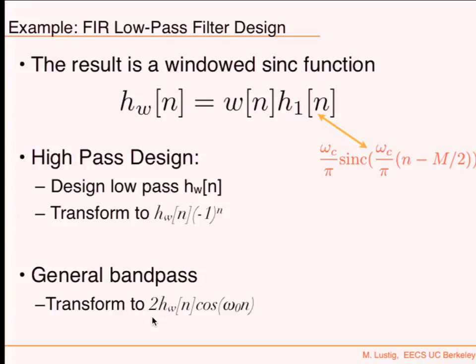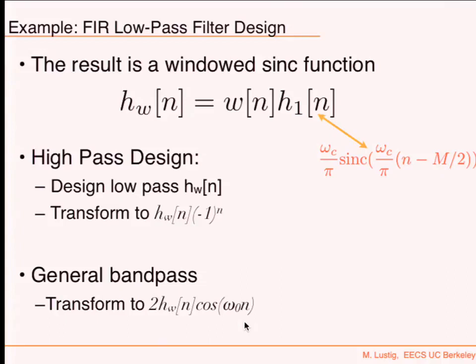If you modulate by a cosine with some omega 0, that will shift the frequency response to the right band. Or if you want just a one-sided filter like you are doing in your lab as we speak, then you just modulate with a complex exponential. Okay? So that's a one-sided bandpass filter. That's pretty much it.